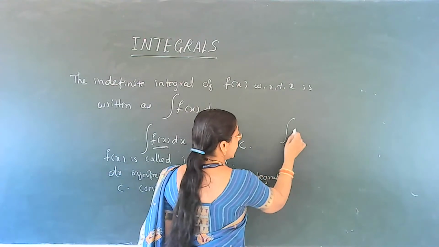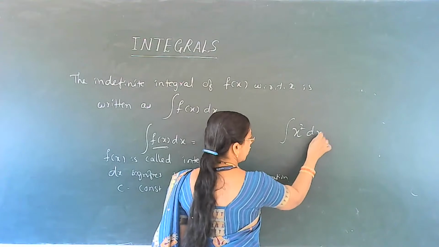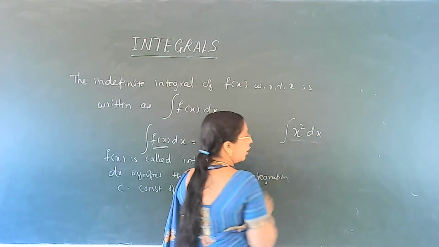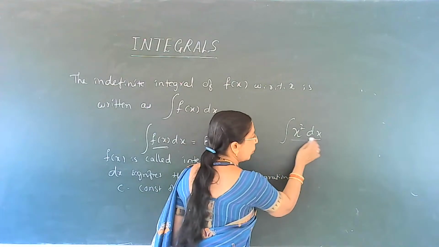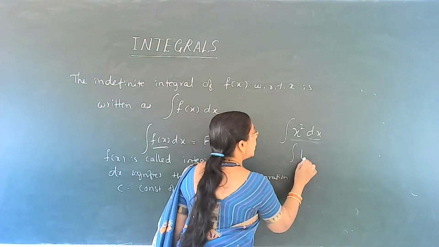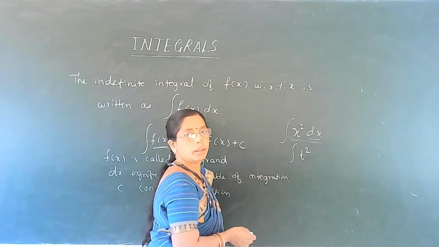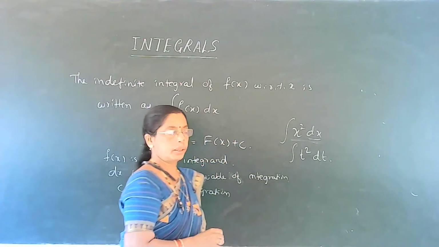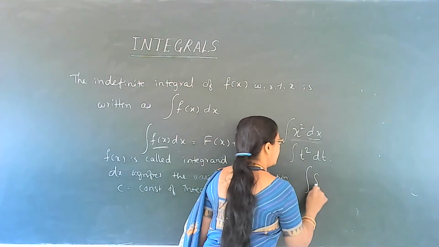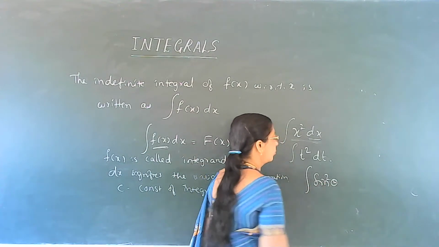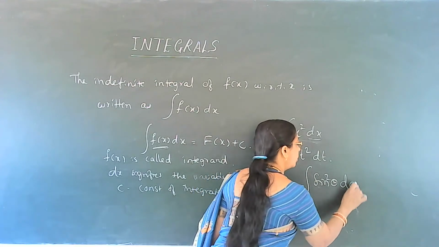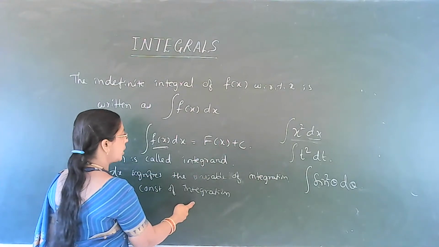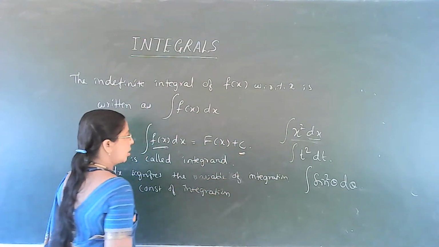Here, in integration of x square dx, we have to write x square. We find the integration with respect to x. If we have t square, the integration is of t square, and we should write dt. If it is sin square theta, we should write d theta. The constant of integration is c.